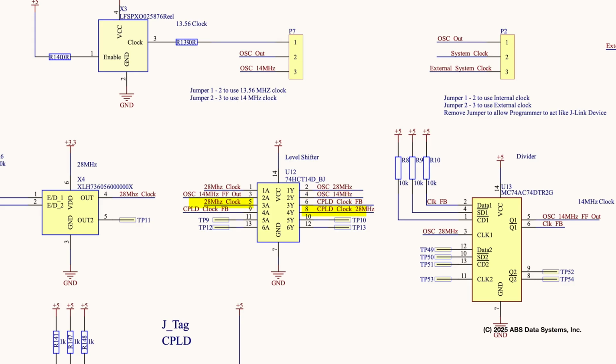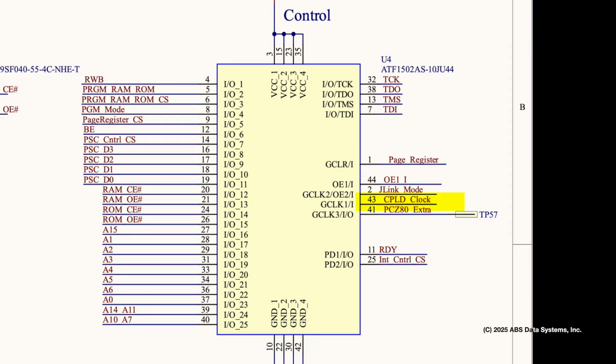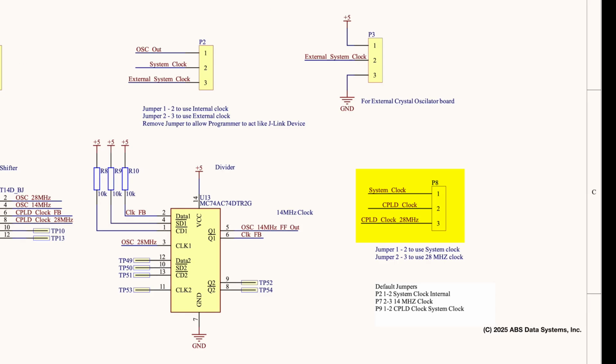I ran the 28 MHz clock also to pin 5 of U12 to level shift it and to loop it back again to keep the clock in the same phase as the 14 MHz. Since I haven't written the CPLD code for JLink support, and I don't know if I need a clock to drive the CPLD, I created a way to drive the CPLD using either the system or the 28 MHz clock.